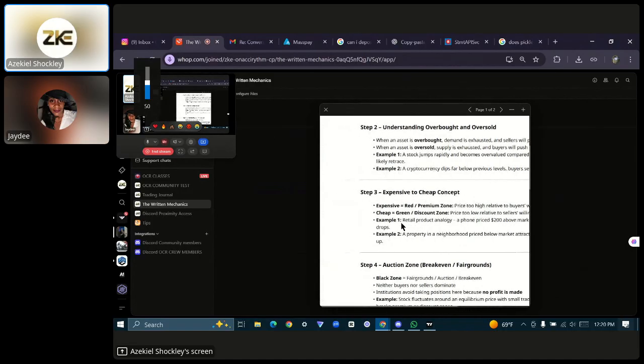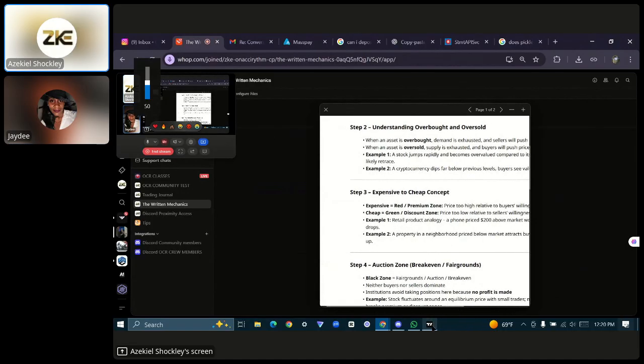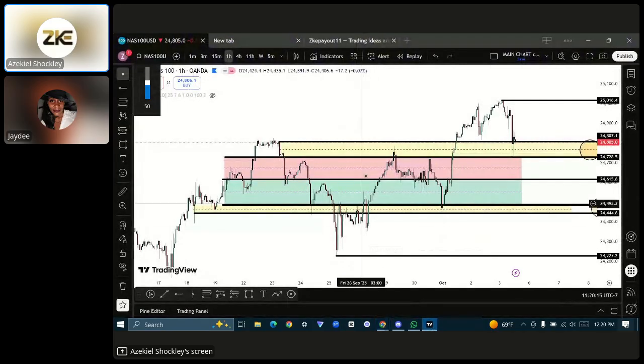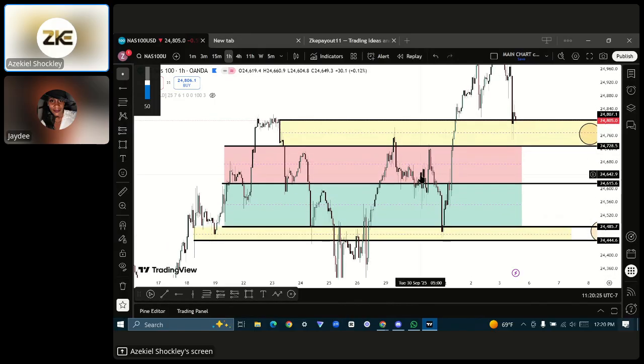It's the same thing, just a perspective shift. Buying pressure increases when we tap into these zones, and selling pressure increases the moment we tap into the others. Every time price taps the red zone, it eventually goes back down, and every time price comes inside this zone, it goes back up.